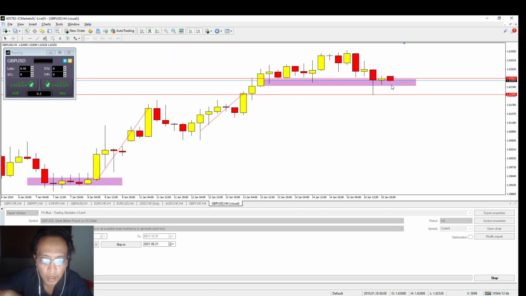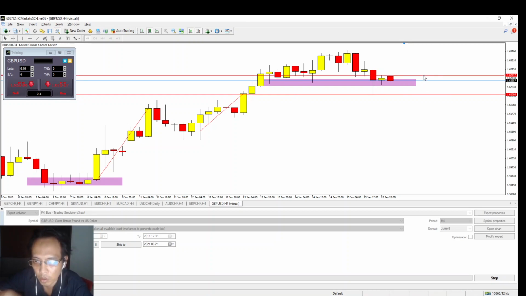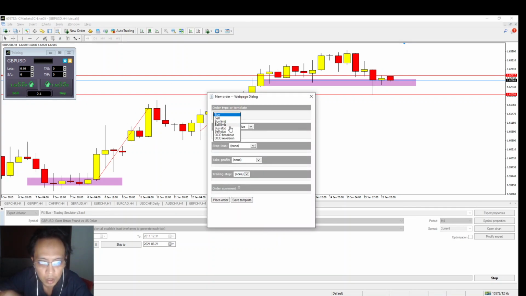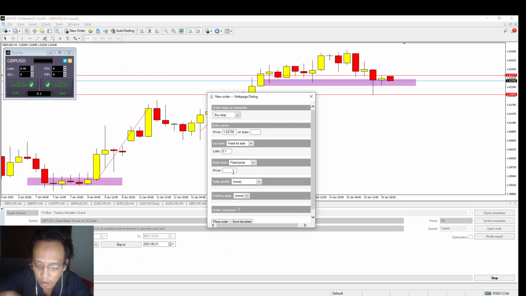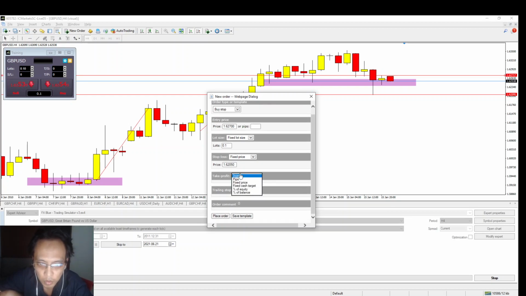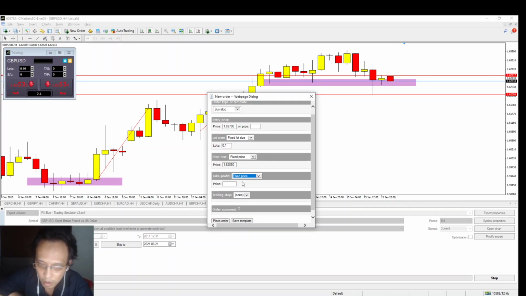So in this scenario, I can probably do a buy stop at this inside bar here at 1.62700. Buy stop 1.62700, stop loss 1.62050, take profit 1.62800.